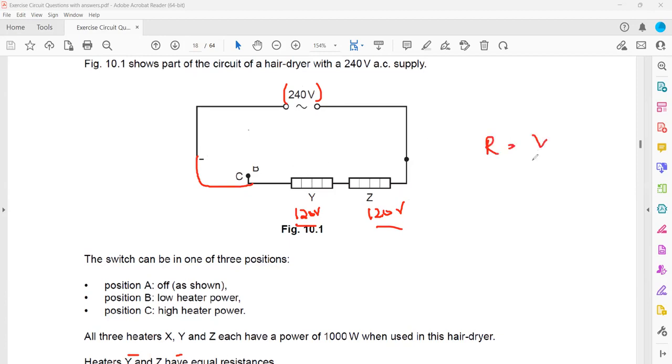So we have the voltage. To get the resistance, it is voltage divided by current. We have the voltage, which is 120, but we need the current.